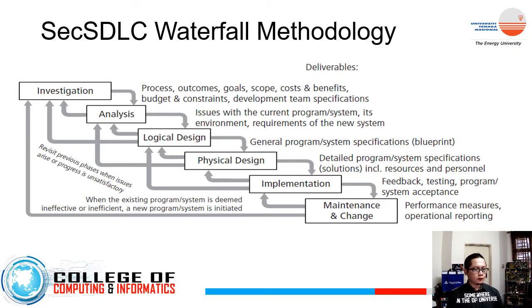So we begin the phase by the identification or the investigation stage where you need to identify, okay, what are the current process and outcome and goals or perhaps the budget that you have to protect the asset that you have identified. Do you have the proper budget to actually begin new security control?